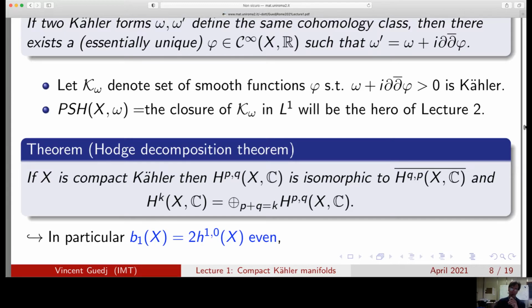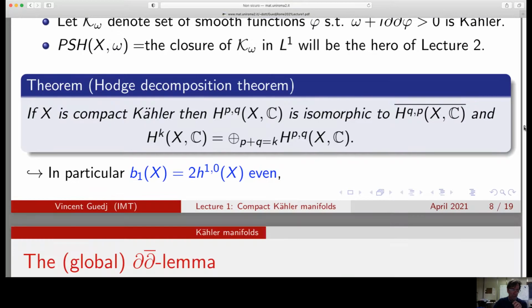So this is always an even number. And therefore, whenever you have an example of a complex manifold whose first Betti number b1 is not even, this can certainly not be a Kahler manifold. An example is the quotient of C^2 minus the origin modulo the action z goes to 2z. And this gives you a compact complex manifold which is not Kahler.